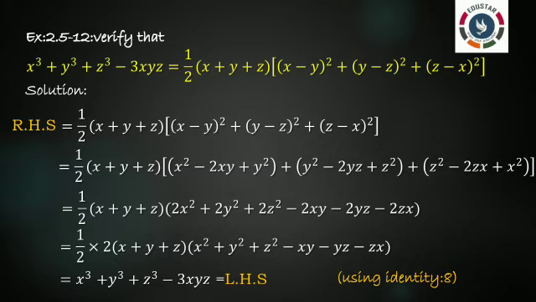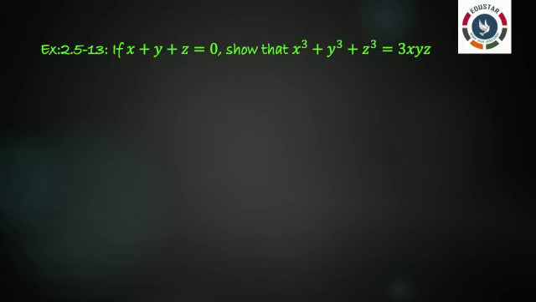Exercise 2.5, 13th sum. If x plus y plus z is equal to 0, show that x cube plus y cube plus z cube is equal to 3xyz. So on seeing the question, you can tell this is something related to the 8th identity, right? What they have given is x plus y plus z is equal to 0.